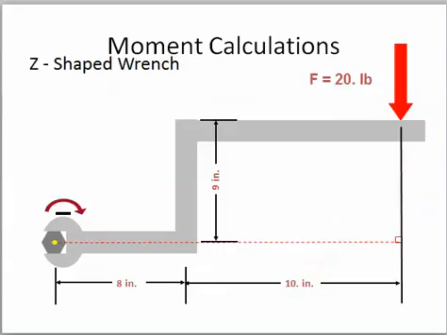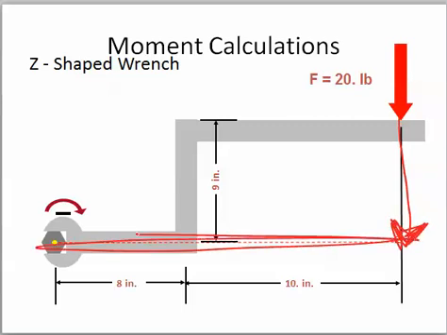Some other moment calculations. Ask yourself, what is the perpendicular distance? This could come right down here and be applied at this location, and that would be on that distance. That's 18 inches. 18 divided by 12 is 1.5.